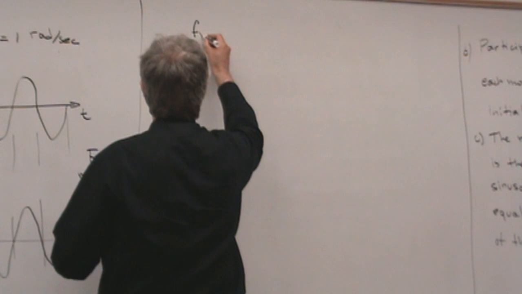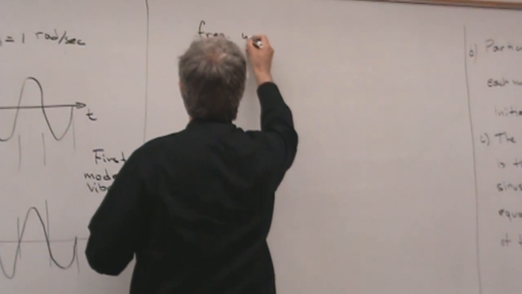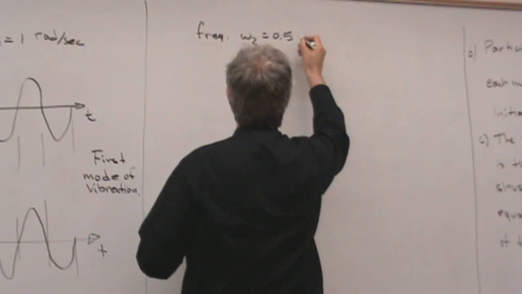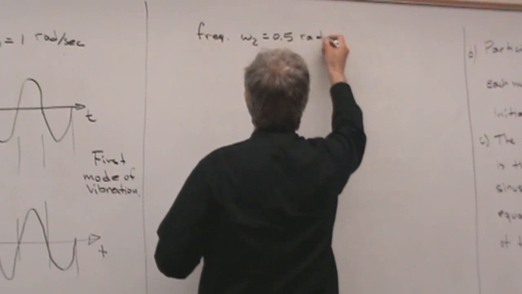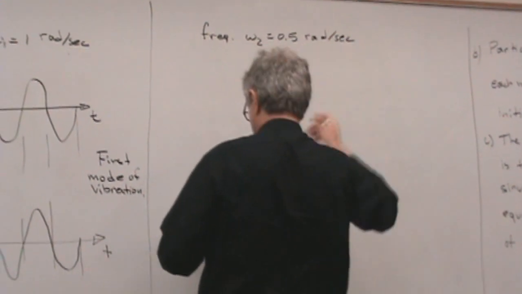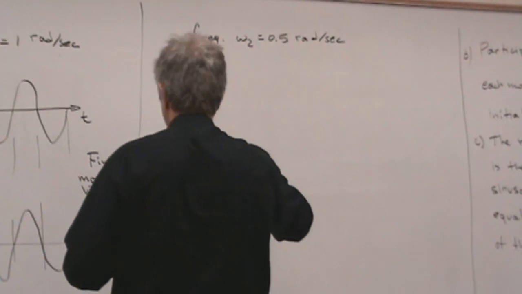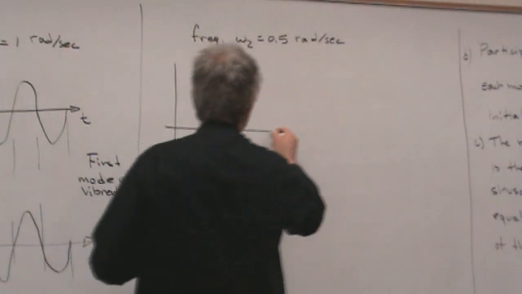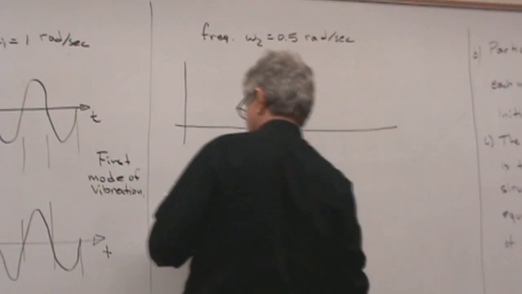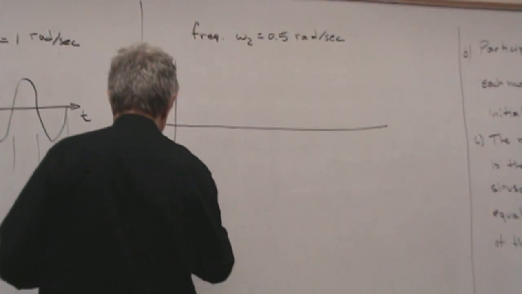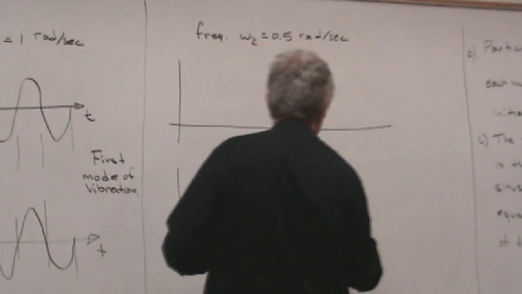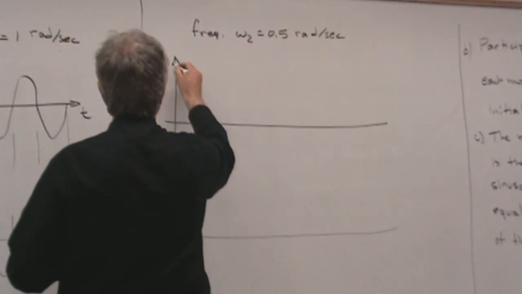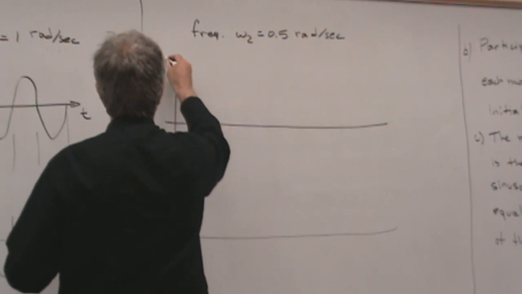Frequency omega 2 equal to 1/2 radian per second. X1 of t.